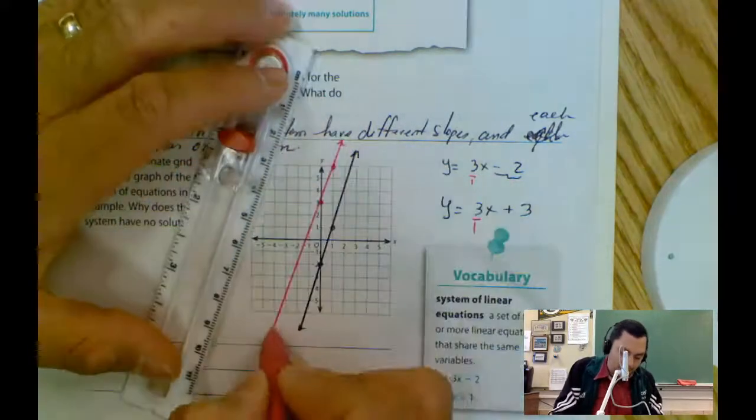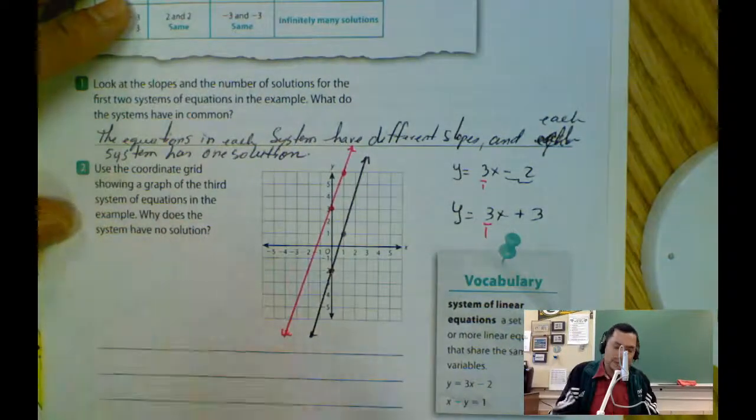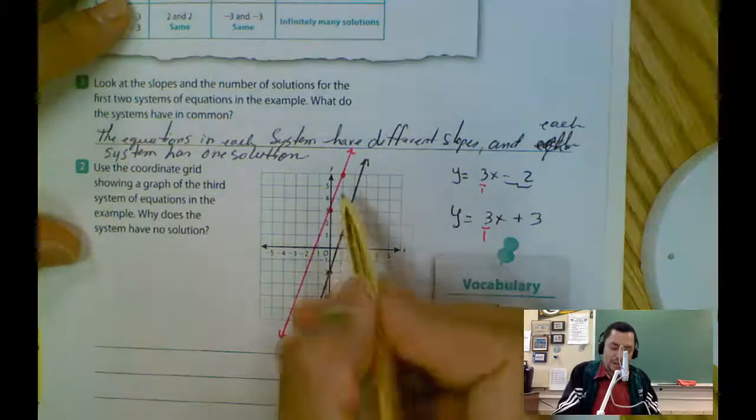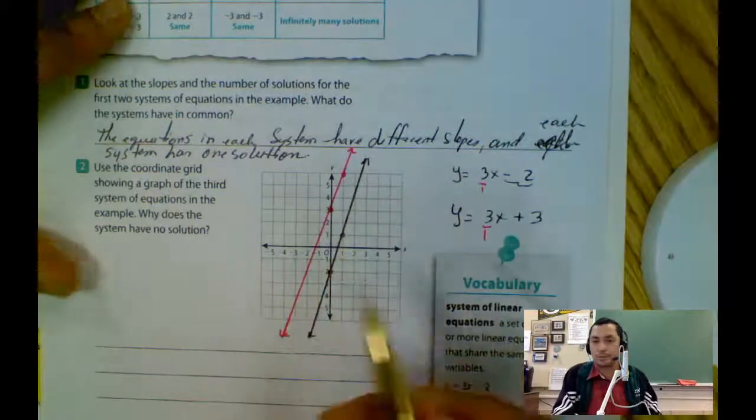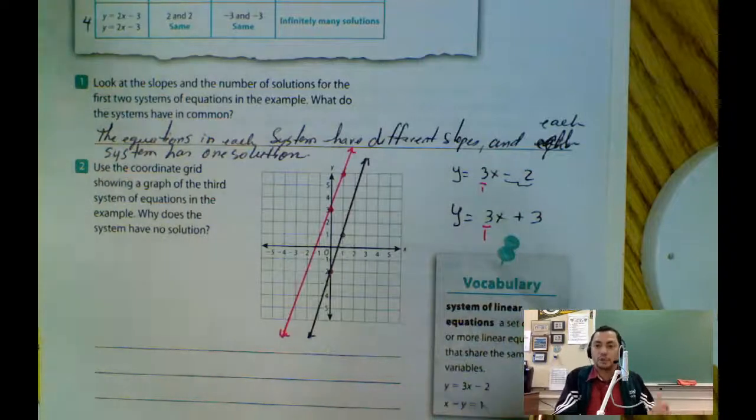And then we answer the question. What is the question? Why does the system have no solution? So before I start writing, I can see that these two are parallel lines. Those are parallel lines. That means they are never going to intersect each other. That means there is no solution.